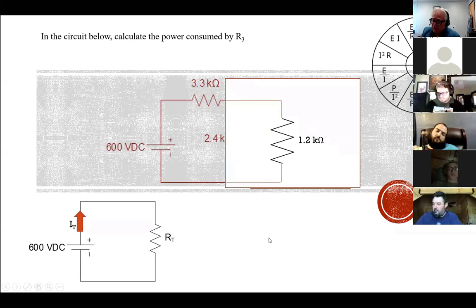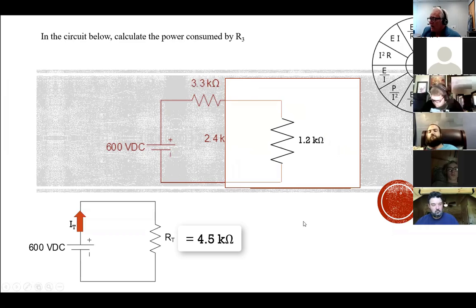So no matter which of those methods you used, you would have ended up with this. So now I have a 1.2 and a 3.3. How are they configured? Series. So I combine those and I get to this point right here.